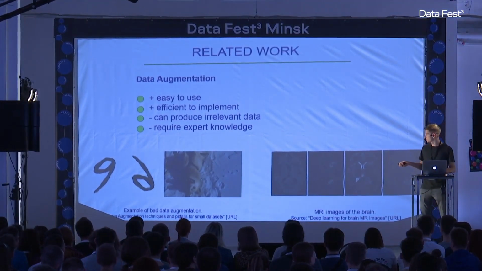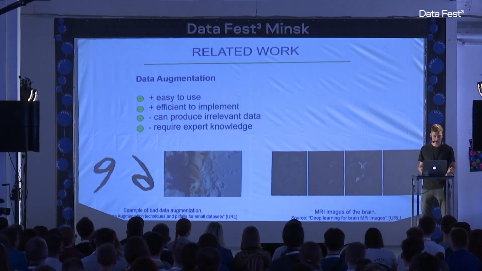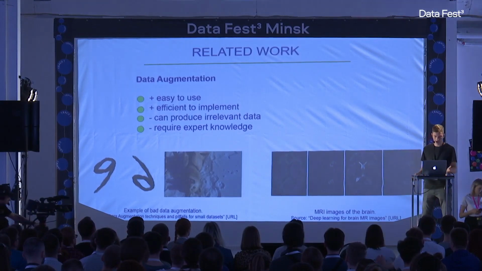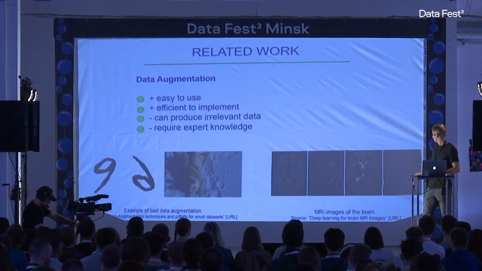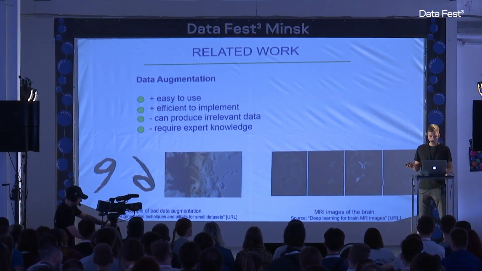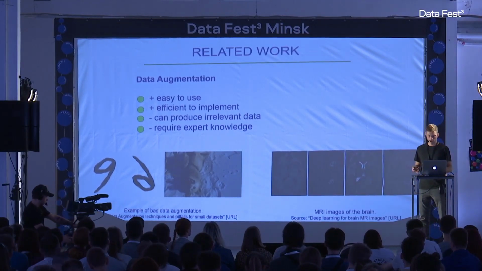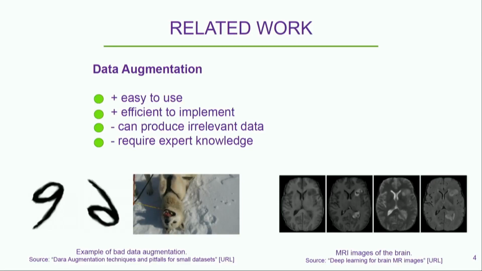With digits, it's easy for us to distinguish which data augmentations make sense and which do not. If we, for example, take MRI images of the brain, it's obvious that without a medical education, it's really hard to tell which data augmentation will be useful for these types of data.